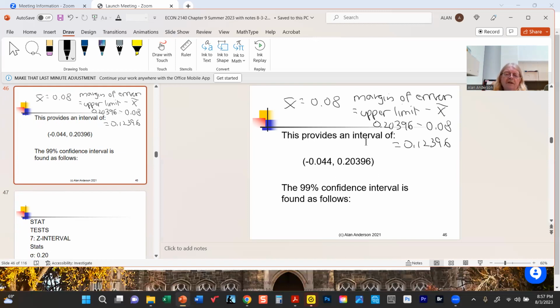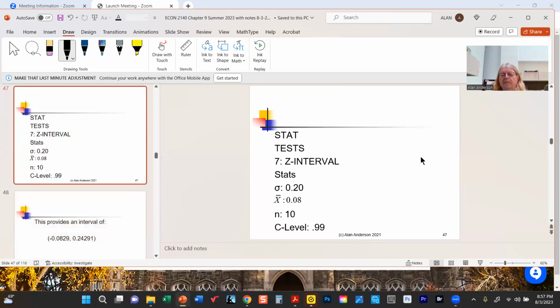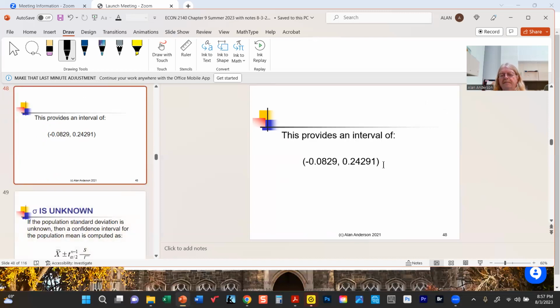Also, what you could do is take the lower limit and subtract it from 12%. But I think it's easier this way. Now 99%, we just change the C level to 99, and this is what we get. Nice.